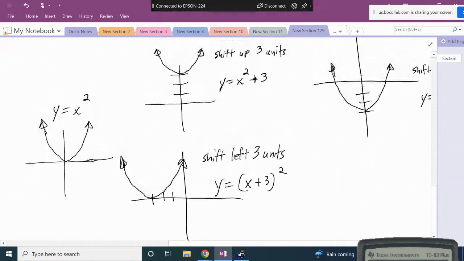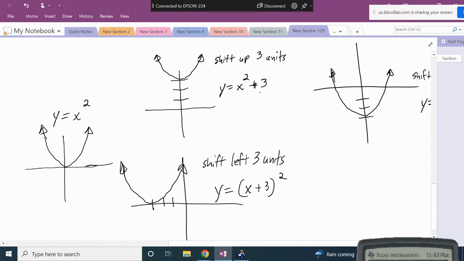So just 2 things I want you to notice. First off, if you look at the top, when we simply add 3 to our function, that's just the up or down shift. So if we look at the shift up 3 units, we would take whatever value for x, square it, and then add 3.